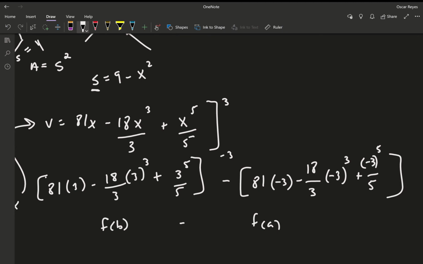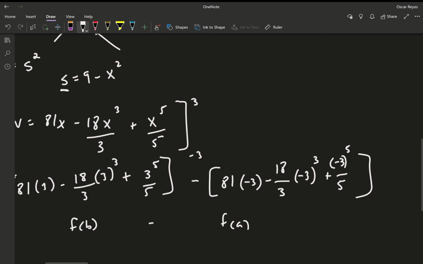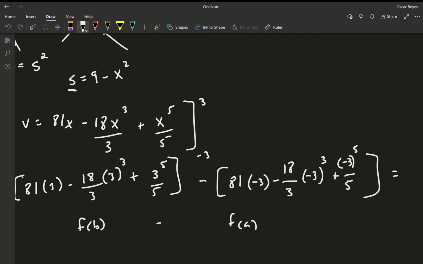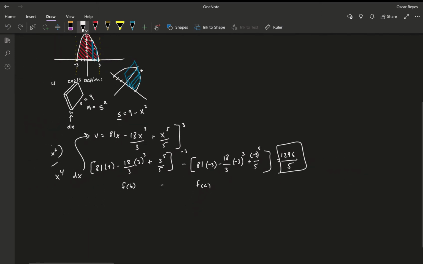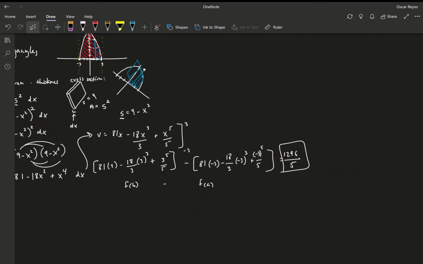And we plug this into the calculator, we're going to get that our final volume is going to equal 1,296 over 5. So that is the volume of this 3D shape that they describe for us, cutting it into square cross sections.